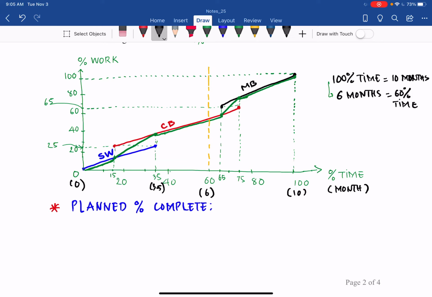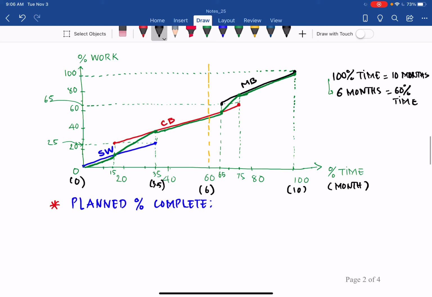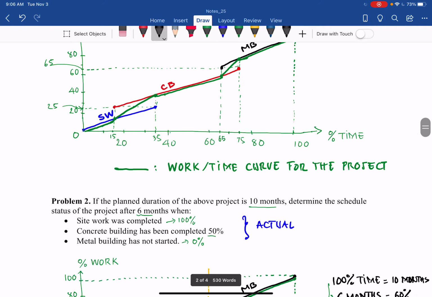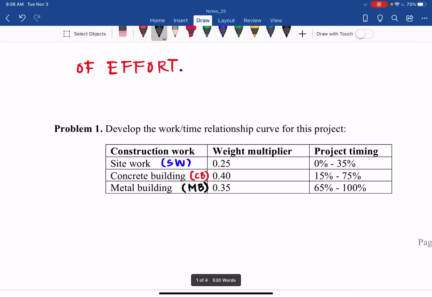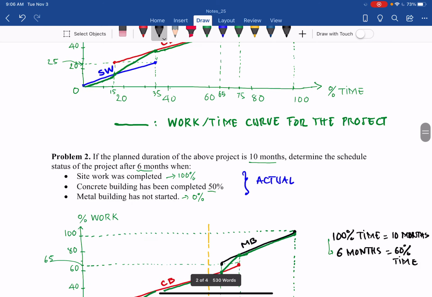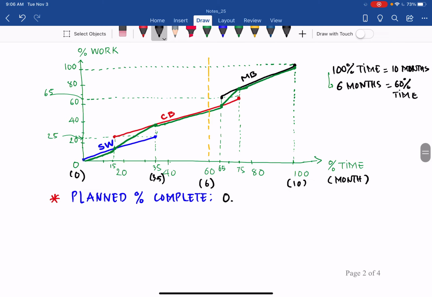So with that, the percent complete of this site work compared to the overall project is equal to 100% complete, and the effort of this site work is weighted with multiplier 0.25. So we multiply 0.25, that is the effort, times the percent complete.